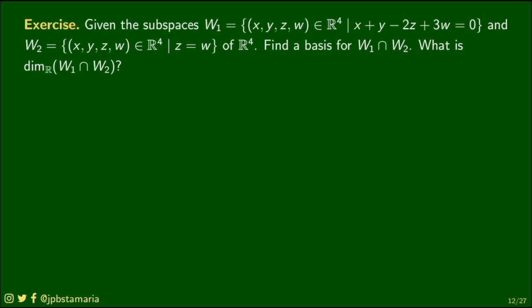The second subspace is W2, consisting of the vectors (x, y, z, w) where z is equal to w. Remember that if you have two subspaces, we can take their intersection, and the intersection is another subspace. So the exercise wants you to find a basis for the intersection of W1 and W2.